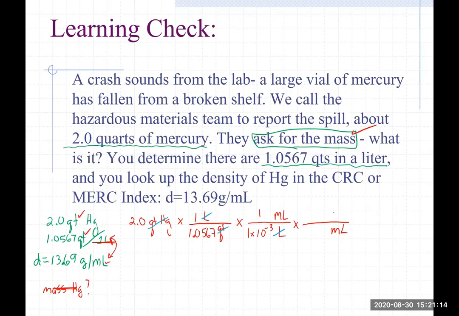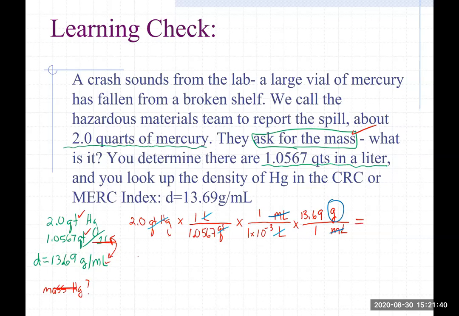So I can go from mils to grams using that conversion factor, and it is 13.69 grams in 1 mil. Now my mils are going to cross cancel and I will be left with grams on the top, and that is what I'm after. So all I have to do is the math at this point.